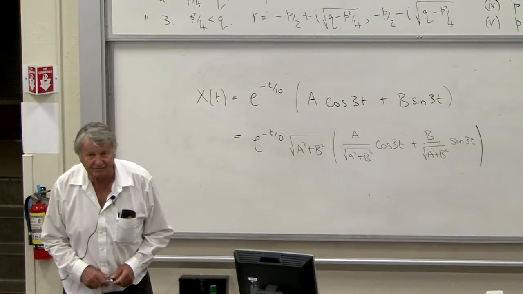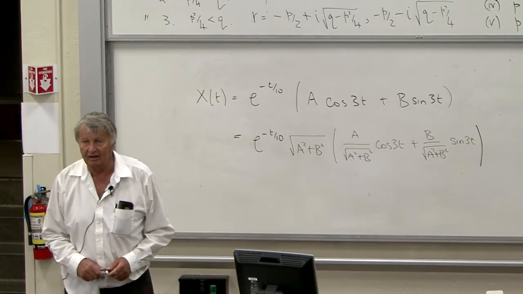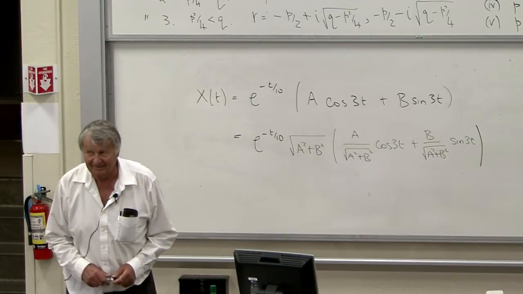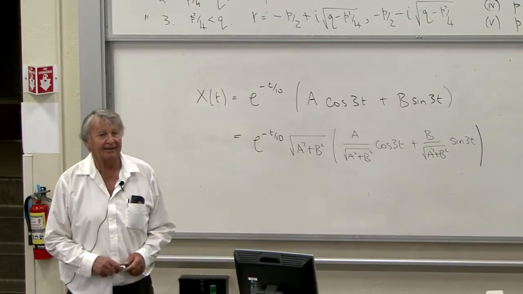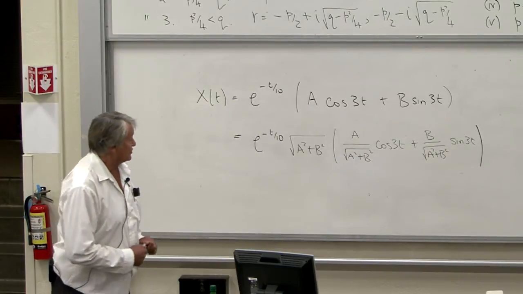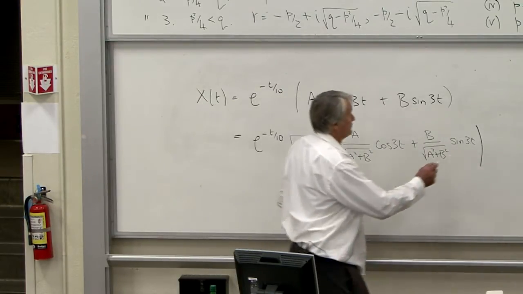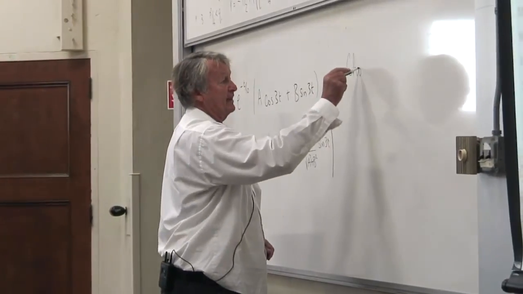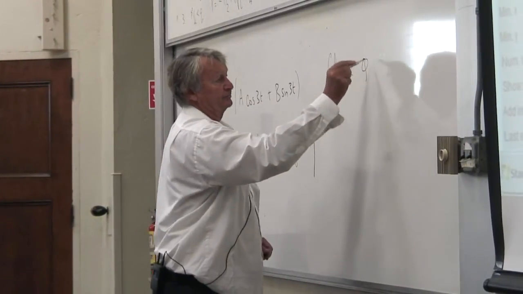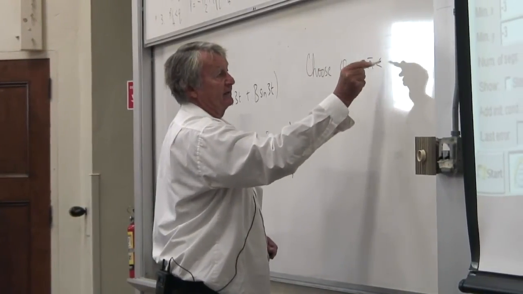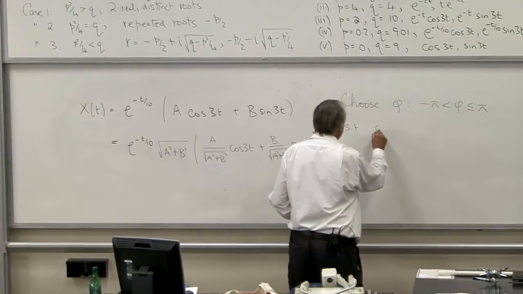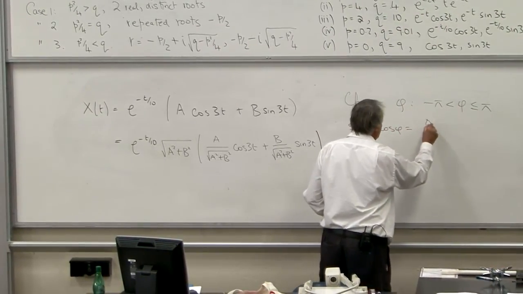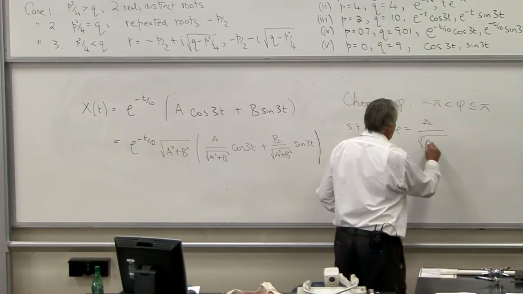It's Pythagoras' formula. Cos squared plus sine squared is 1. So you see, I can now choose a phi between, say, minus pi and pi, such that cos phi is a over square root of a squared plus b squared.